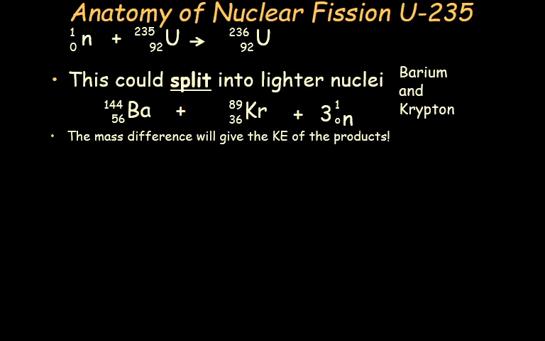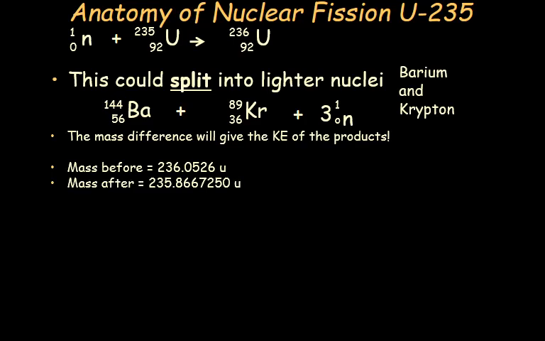All right, so the mass difference will give us the kinetic energy of the products. So same deal here. The mass before, we have uranium plus a neutron there. So our total mass before is 236.0526, and actually we should say here this is the mass of the uranium-236.